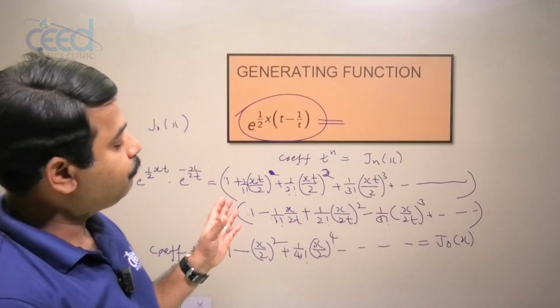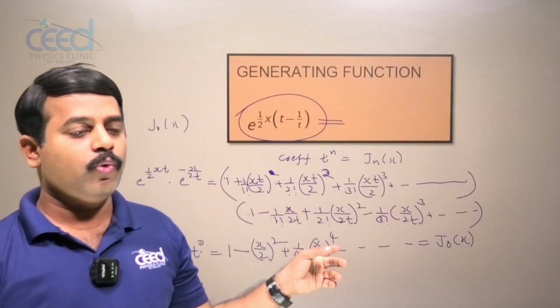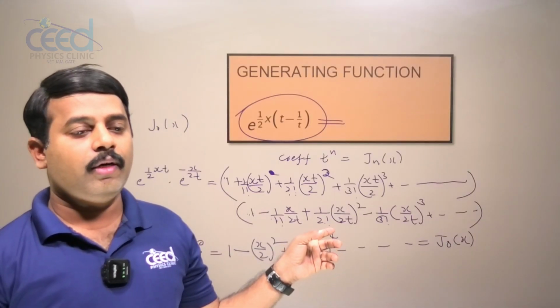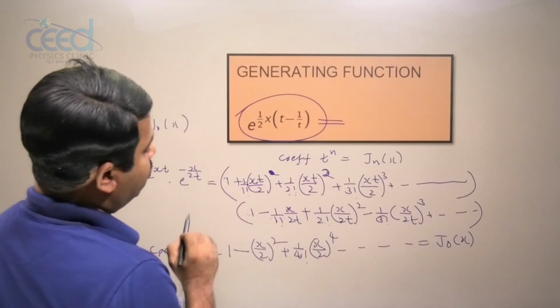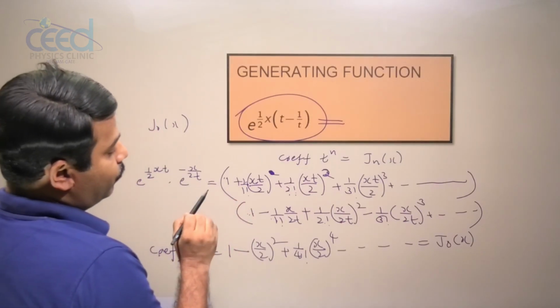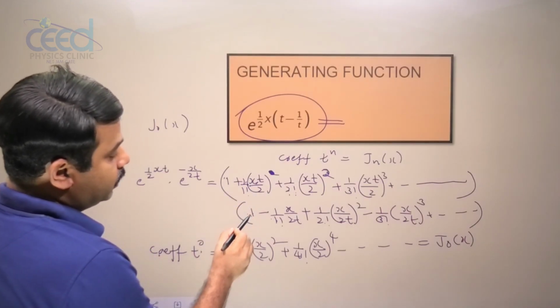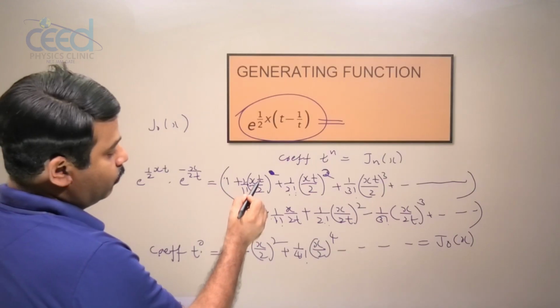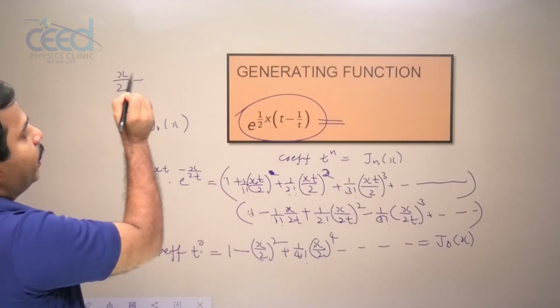Now, similarly, if you find the coefficient of t raised to 1, that is going to be J1 of x. J1 of x you can find from here itself. Look here, J1 of x, what is the coefficient of t? This multiplied with this, then the coefficient of t you will get, because only 1t, that is x by 2, minus.